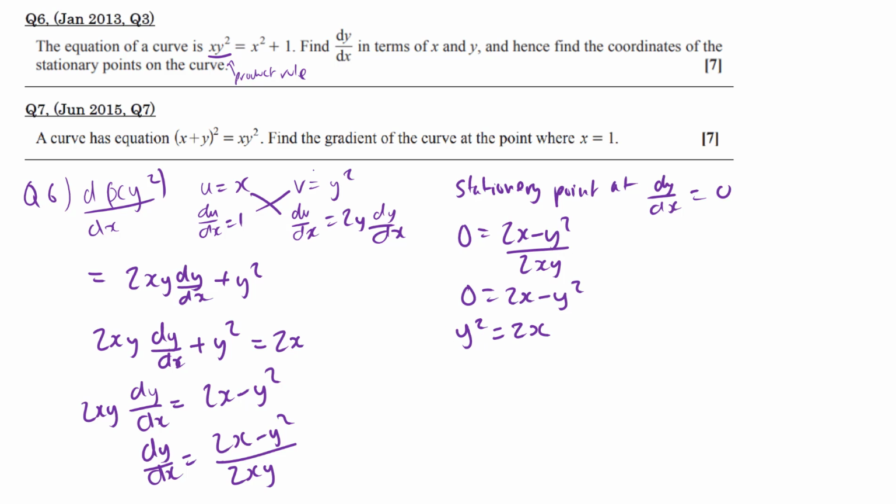Now because we've got a y squared in that question, sub into the equation. We get x times 2x, so that gives us 2x squared equals x squared plus 1. Minus the x squared on both sides, x squared equals 1.